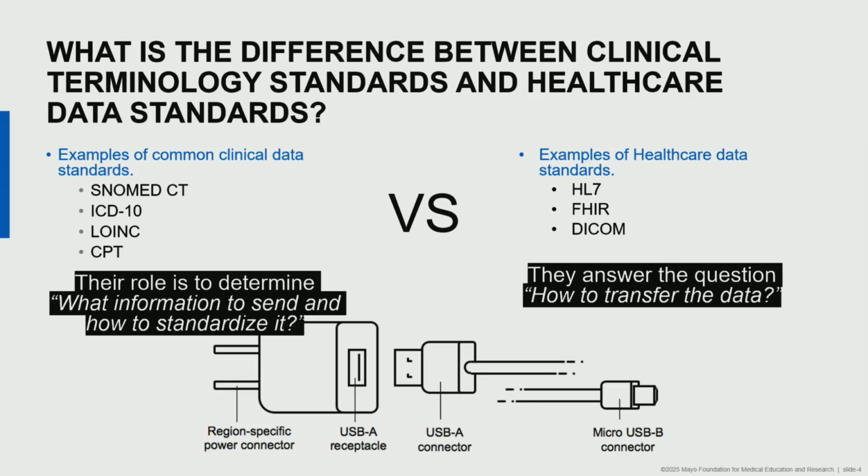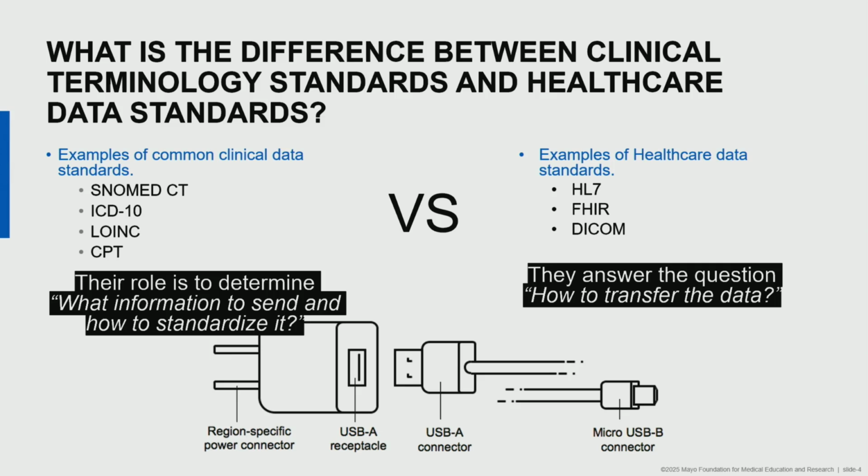And really we come to what we call clinical terminology and clinical healthcare data standards. There is a big difference between the two. Clinical terminology standards, such as SNOMED, a very well-known standard, ICD-10, LOINC or CPT codes, determine what information to send and how to standardize this information.